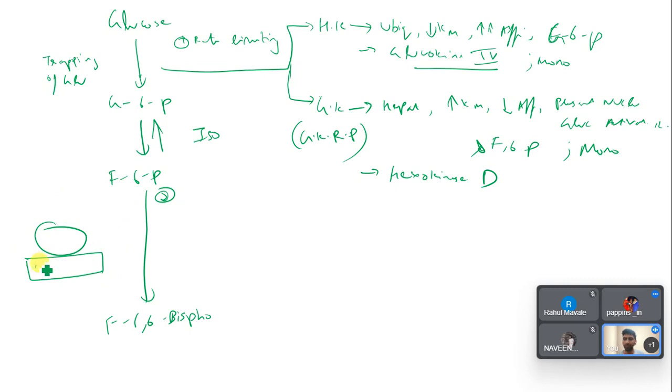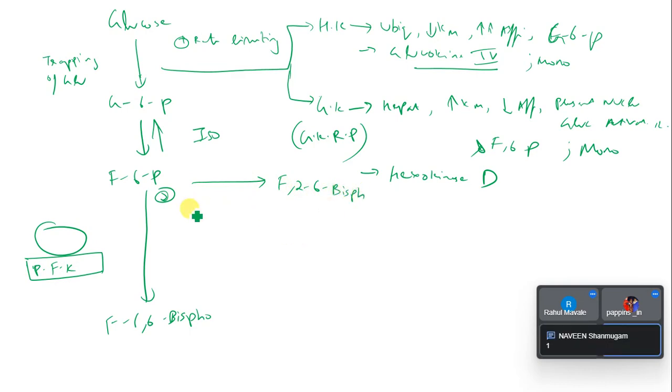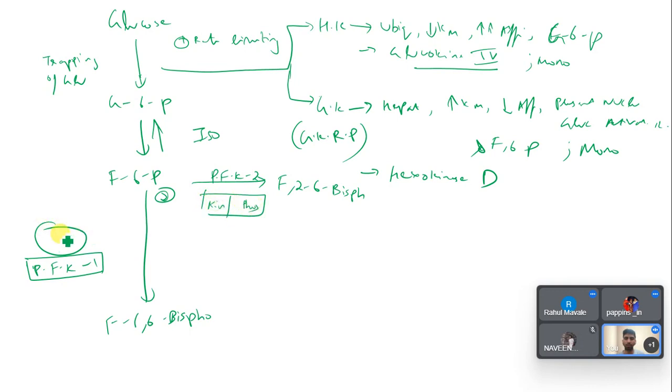And the enzyme that works here is phosphofructokinase 1. And here there is a small enzyme called phosphofructokinase 2 that has both kinase and phosphatase domains.